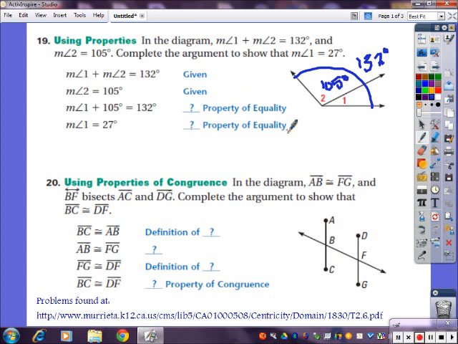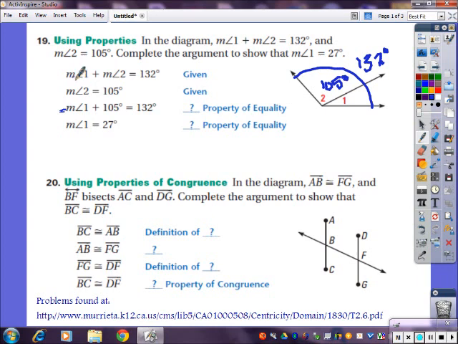So in this proof, the first thing they've done is they have taken the two given statements up here and listed them first. And then they get this statement. Now, where did this come from? Sometimes when you're trying to figure out where it came from, look at the steps above. So I see the measure of angle 2 equals 105, and I see measure of angle 1 plus measure of angle 2 equals 132.